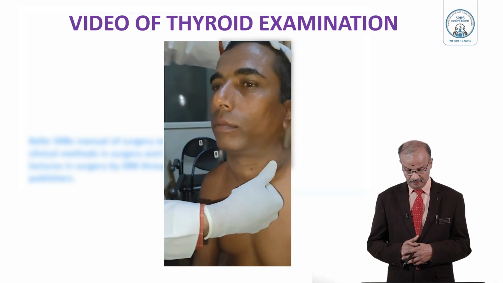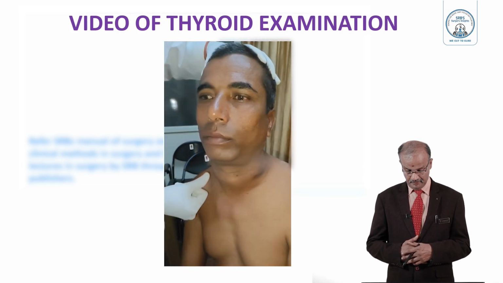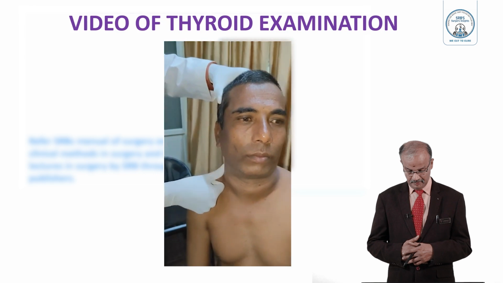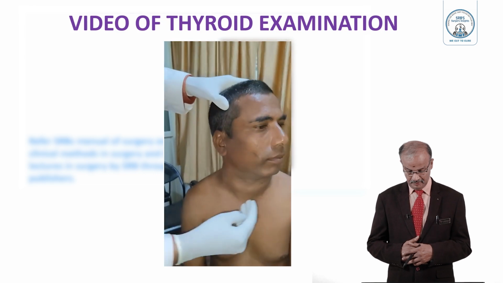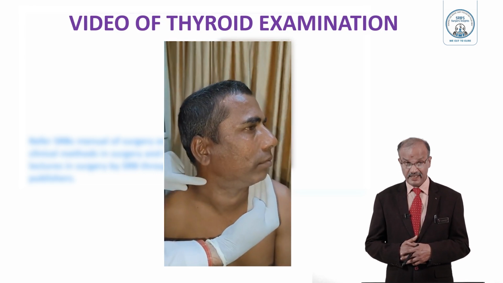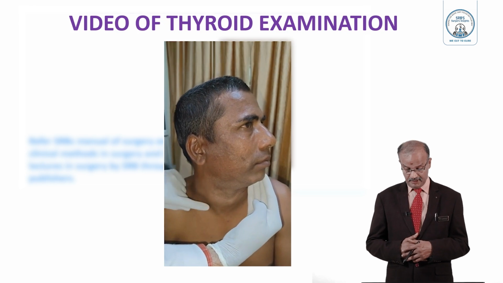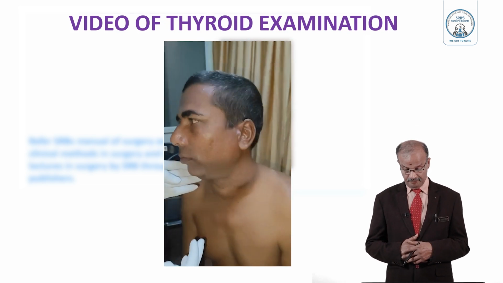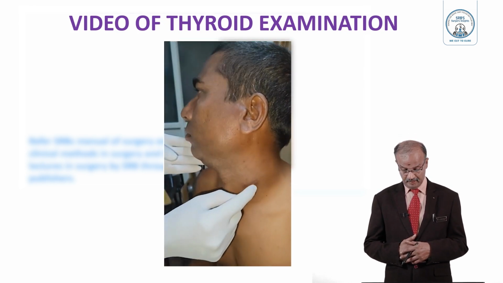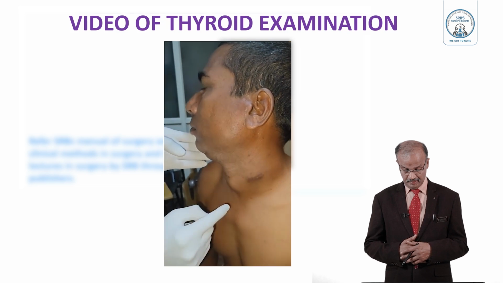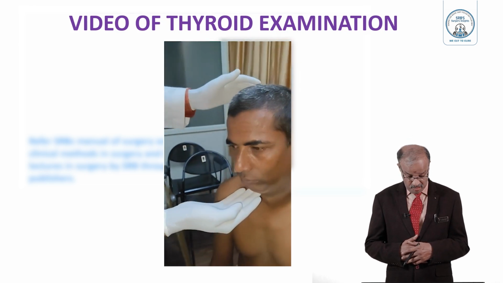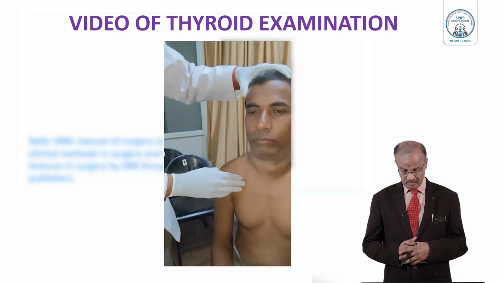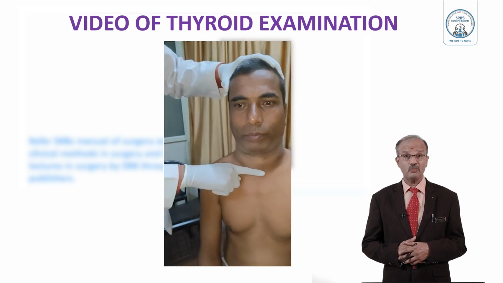Kocher's method. Plane of the swelling, important. Sternocleidomastoid muscle contraction. Both like this. Lower border is important.